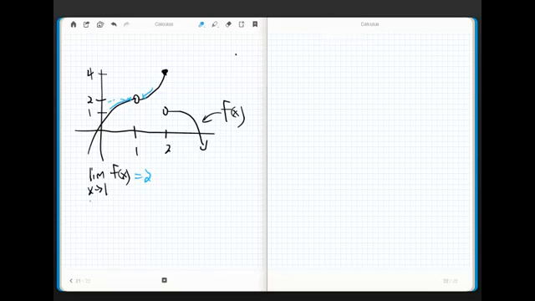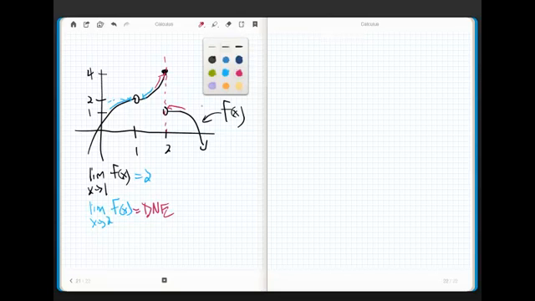How about the limit as x approaches 2 of f of x? Well, I'll use red this time. If I put my fingers on the graph, this one heads for 4. This one appears to head for 1. Do they head for the same value? If they don't head for the same value, the limit does not exist. The most common error that students will make is they'll say, wait a sec, the limit is 4 because I know right here that f of 2 equals 4, so that's got to be the limit.